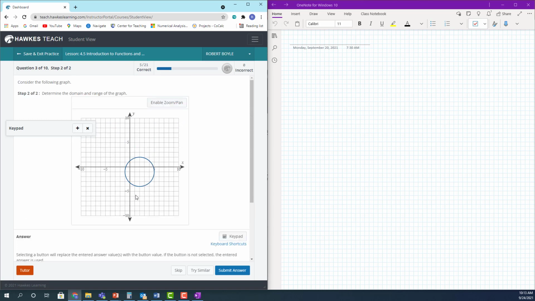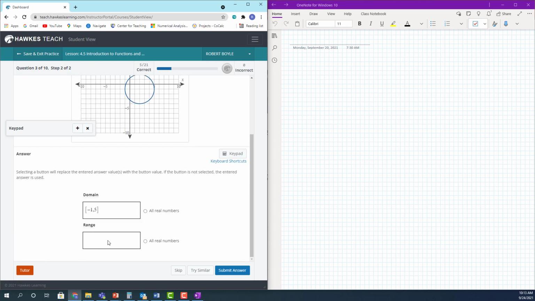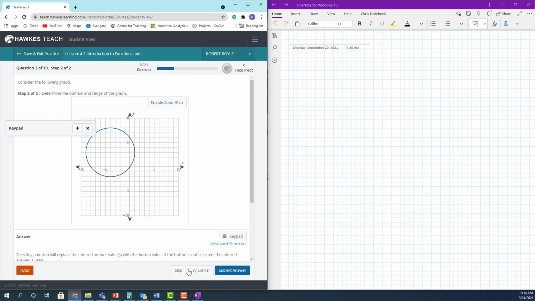Now, in terms of y values, it gets as low as negative 4 and as high as positive 2. So the range for the y values is going to be the closed interval from negative 4 to 2. Okay, so the rest of these are the same type of problem as that.